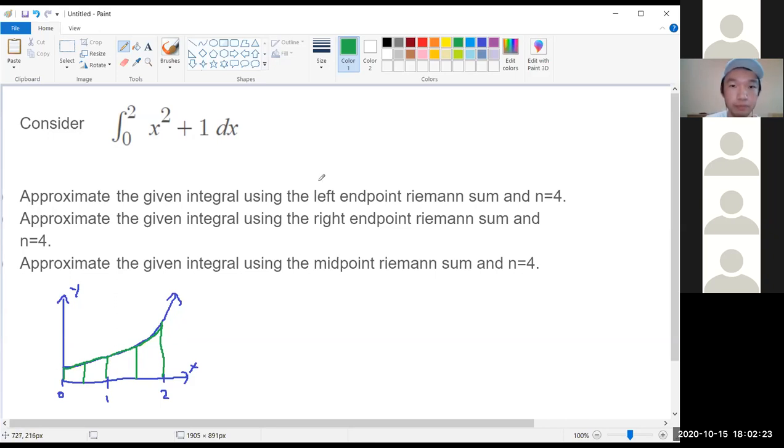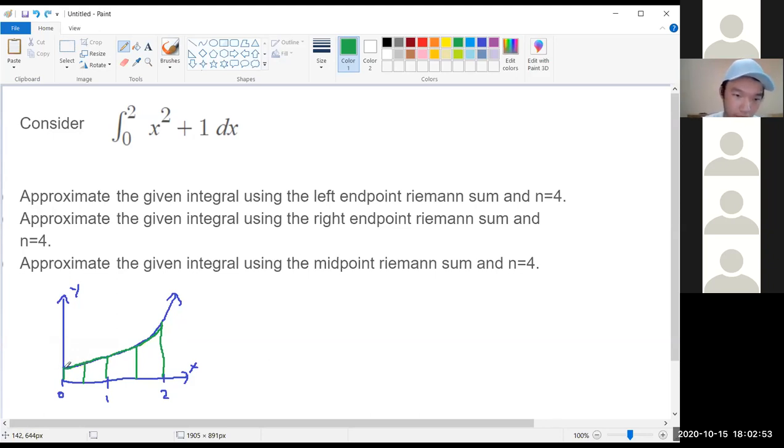Now the question is, when they say left endpoint, how does that look? If you look at each of these sections, they're not rectangles yet, but you can make them rectangles by making the top flat. This is the first section. The height of the rectangle is based off of the left side.